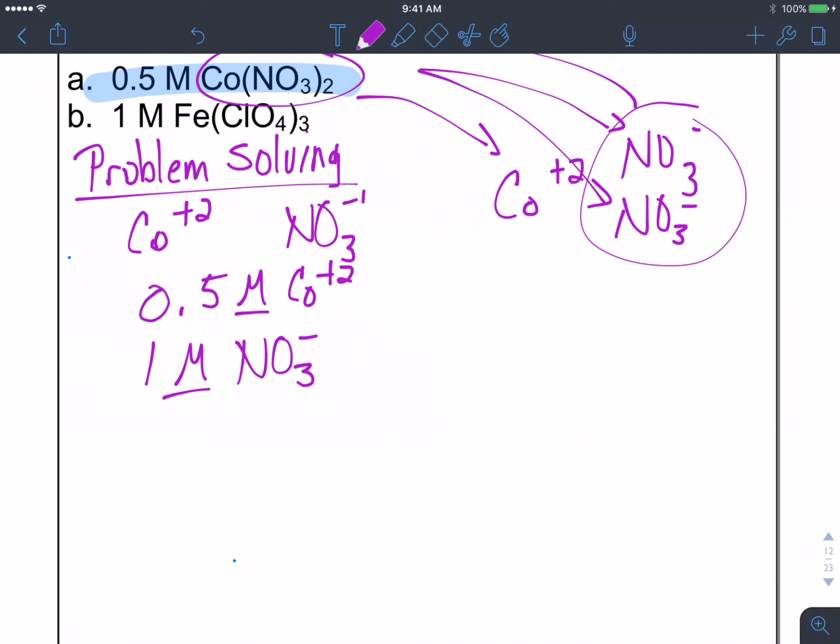So let's just do the second example here. It says 1 molar Fe(ClO4)3. We want to know how many ions there are. Well, if we have 1 mole, okay, so this, hang on, not stoichiometry, we want dimensional analysis. Let's do dimensional analysis.